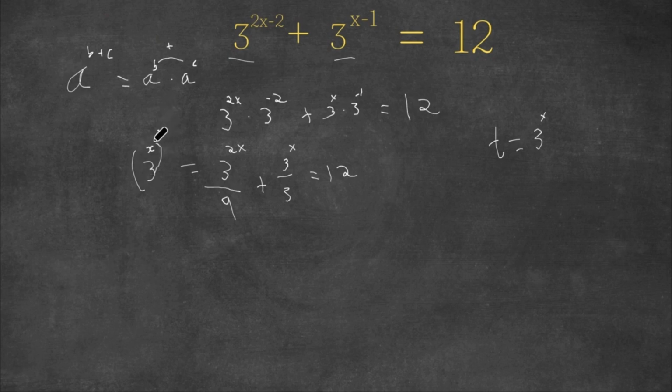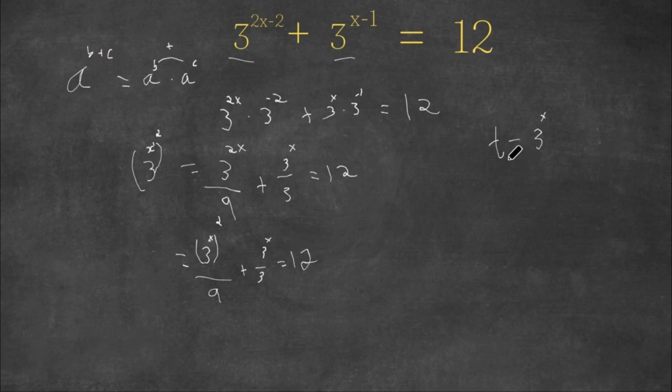Because remember, these two simply multiply. So we're going to convert this into 3 to the power of x to the power of 2 over 9 plus 3 to the power of x over 3, and all of this still equals 12.